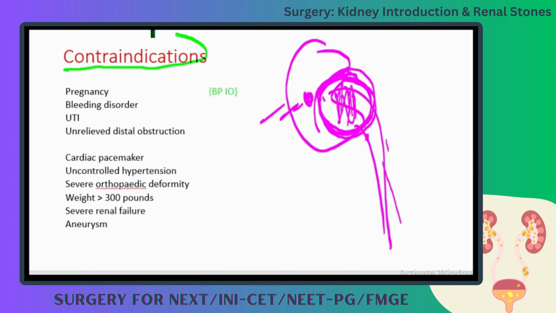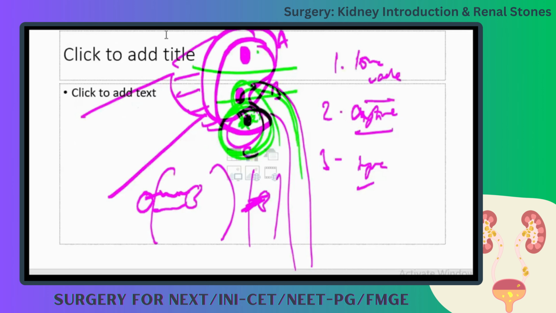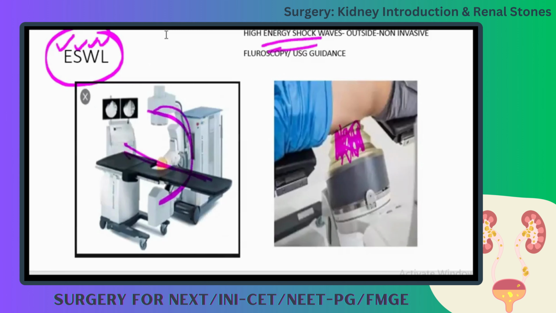Coming to the contraindications, in which case should you not do ESWL? You are giving shock waves from outside. So which is the absolute contraindication? If the patient is pregnant, can we give shock waves from outside? No, that is an absolute contraindication.